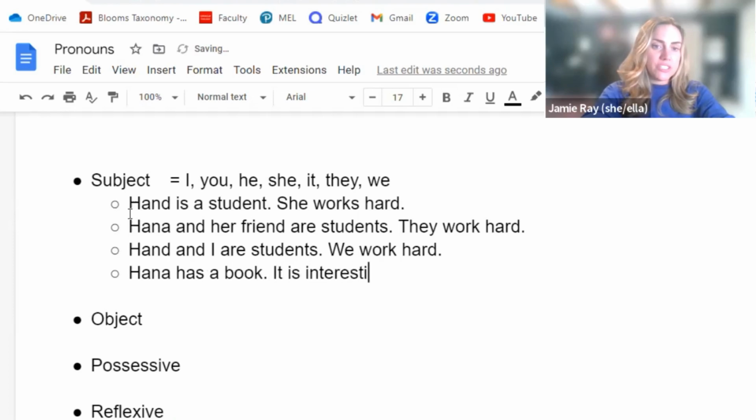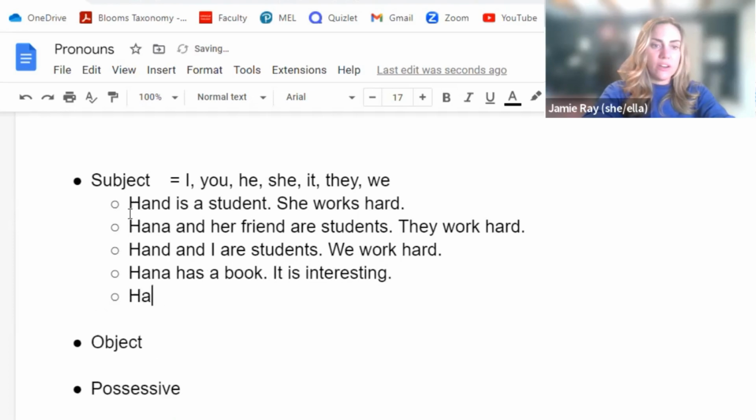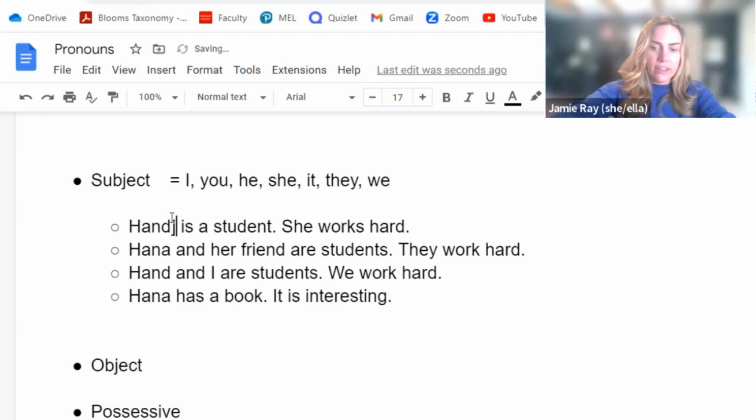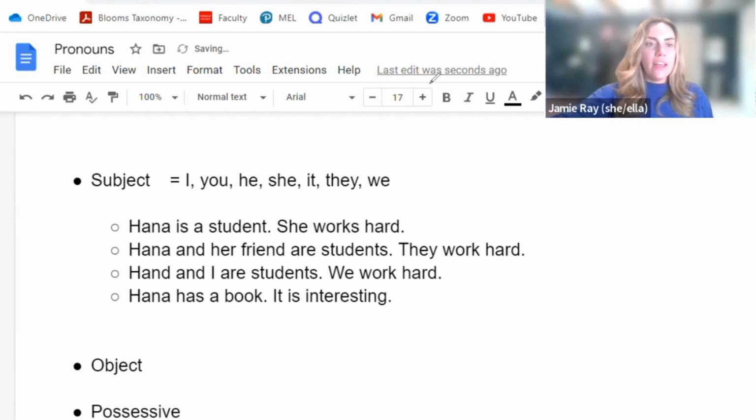It is interesting. Okay, I'll stop there. So here's just some examples of how we're using pronouns to replace a noun so that we're not repetitive, but also we're using the correct pronoun. Okay, so oops, what did I write? Hannah, not hand. Hannah. Hannah is a student.